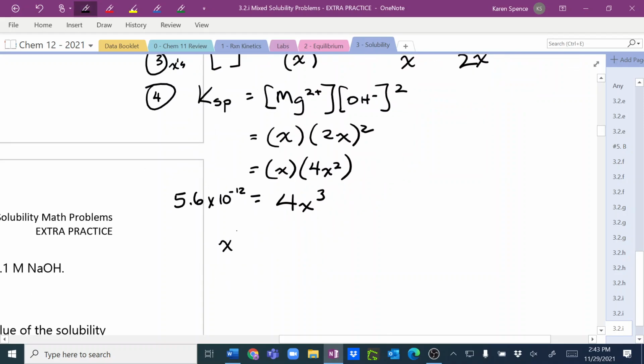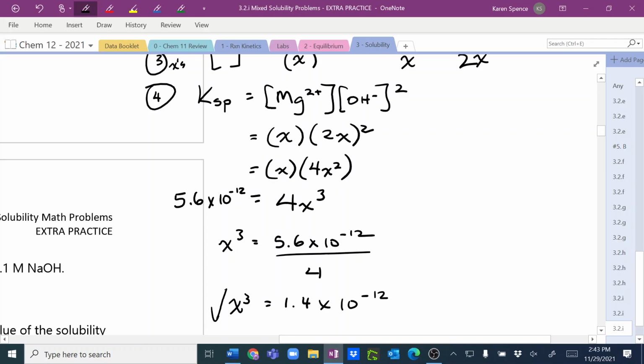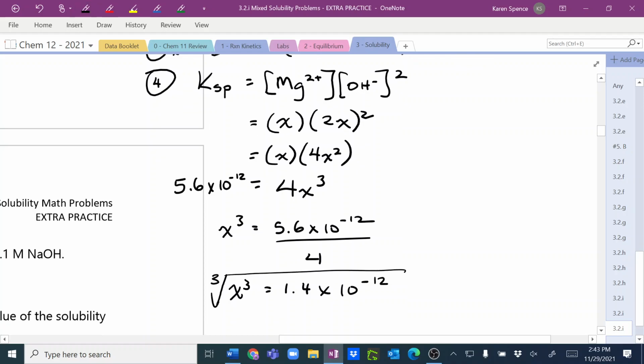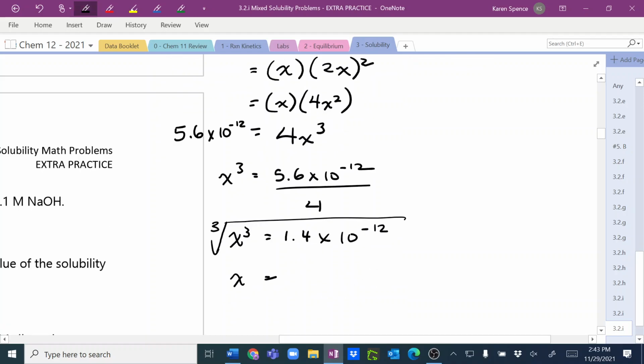X cubed is 5.6 times 10 to the minus 12 divided by 4. X cubed is 1.4 times 10 to the minus 12. Take the cube root of that whole thing, and you get X is equal to 1.12 times 10 to the minus 4.